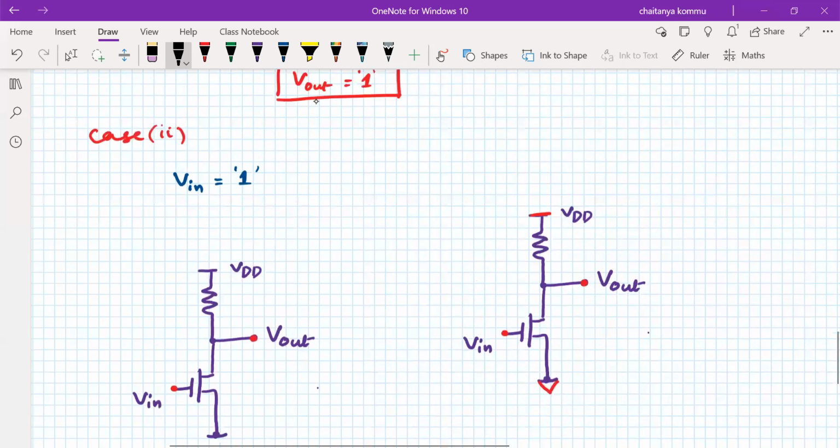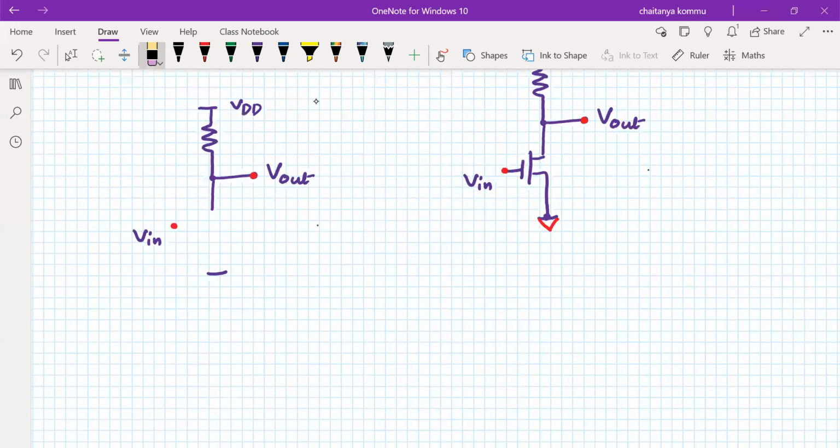So it is simply a short circuit between VDD and ground.